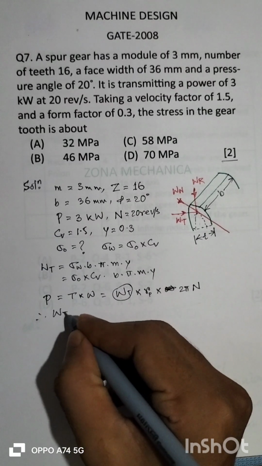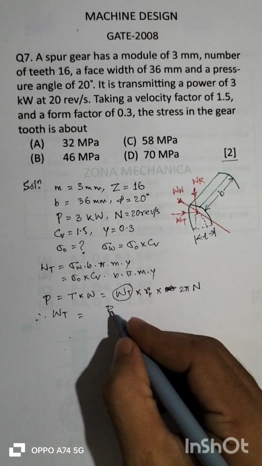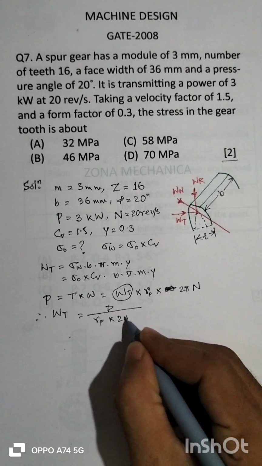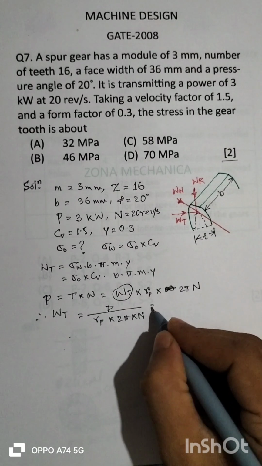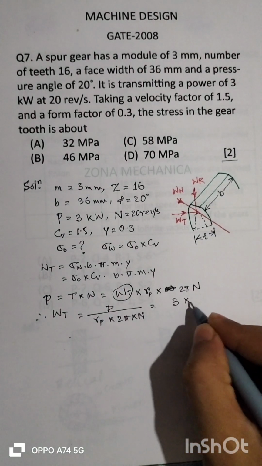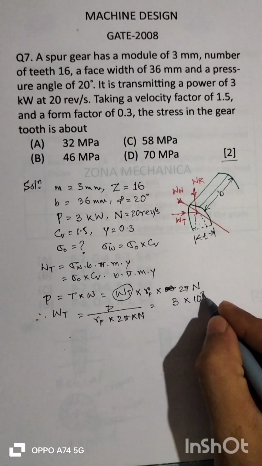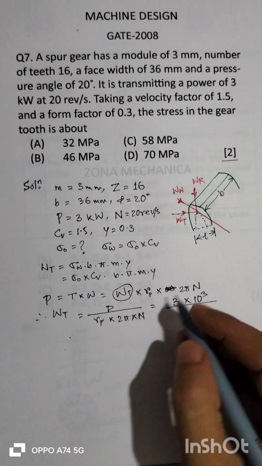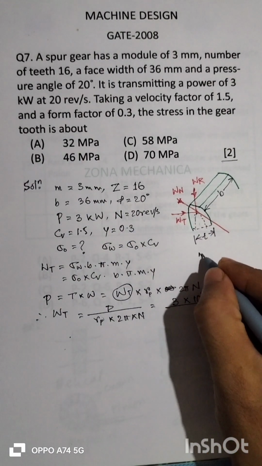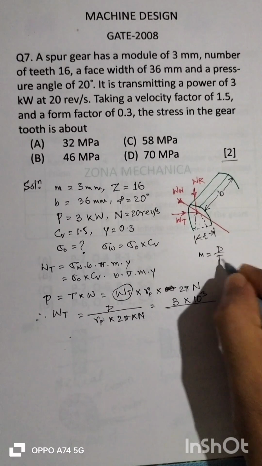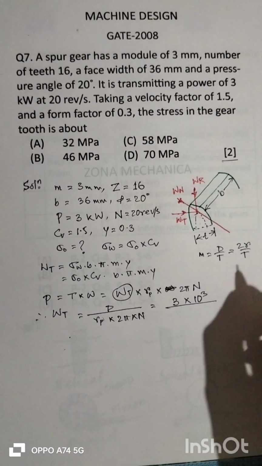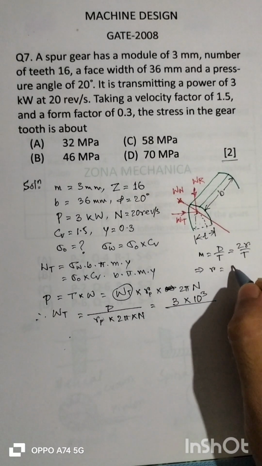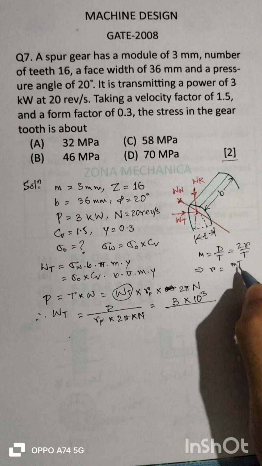Therefore Wt will be equal to P divided by Rp multiplied by 2 pi multiplied by n, which is 3 kilowatt, so we take it in watt, divided by Rp. Now, the pitch circle radius: we know the module m is equal to d by t, that is, r by t, so r is equal to m t by 2.